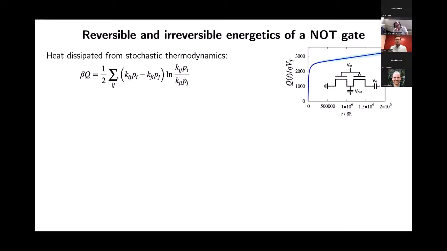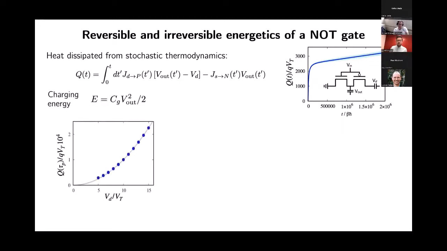Okay, so let's first talk about just some of the energetics of this NOT gate. So we all know how to compute heats from the typical stochastic thermodynamic definitions. In this case, one can write down all the cycles, and it takes a specifically simple form associated with just a couple currents and the associated affinities.